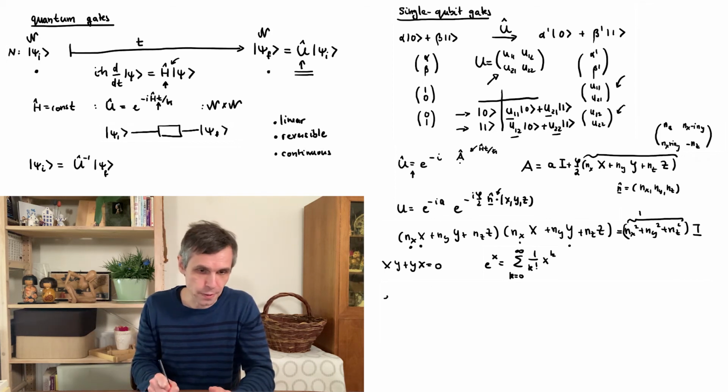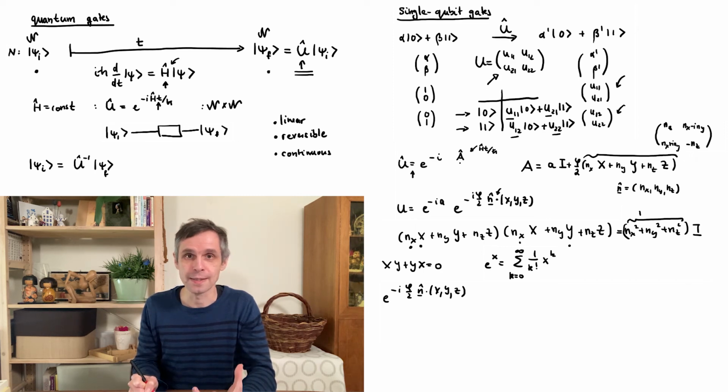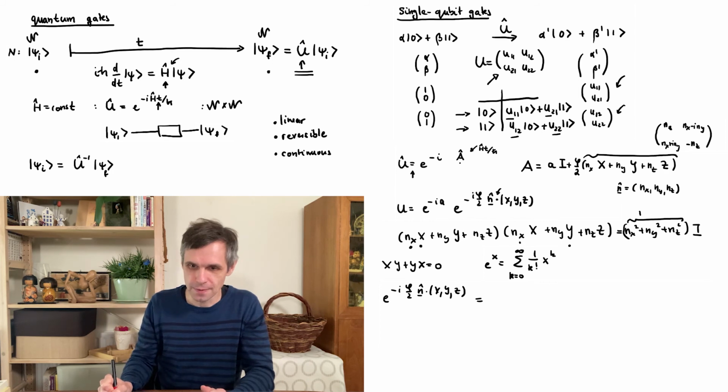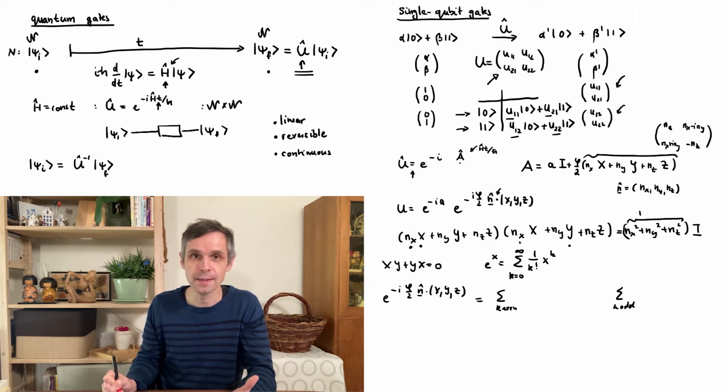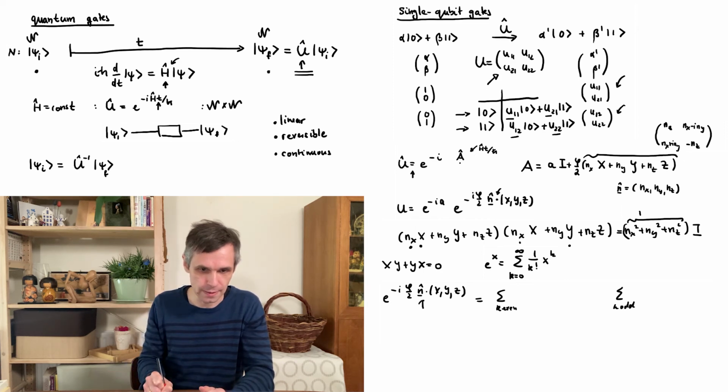So we are going to express this exponential function in terms of its defining power series. And in there we will encounter even powers and odd powers. Now, given this identity here, it is convenient to separate this sum into the even powers and the odd powers.